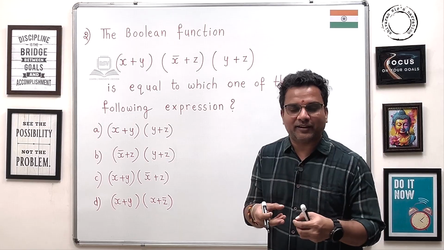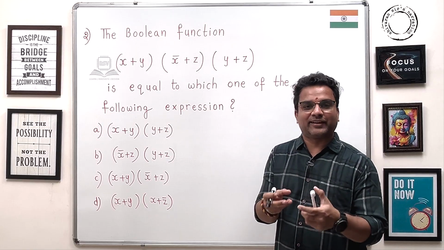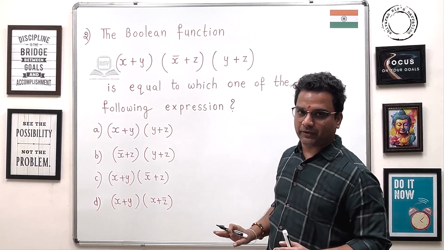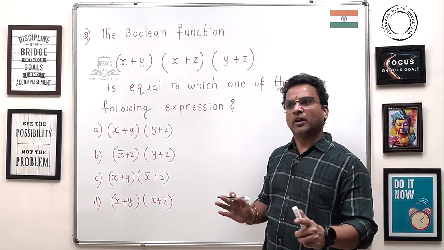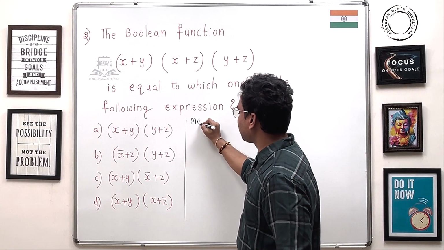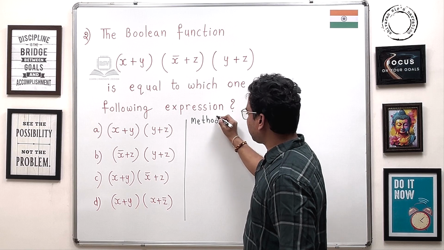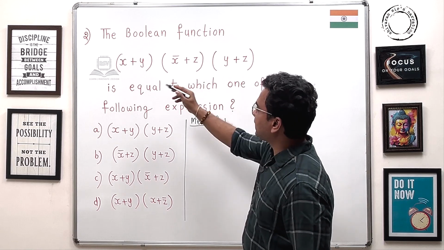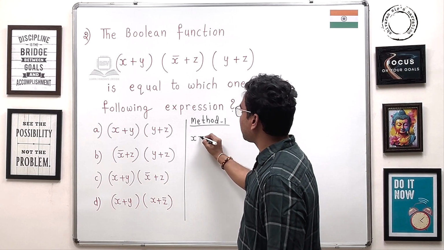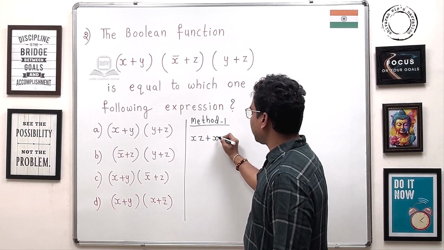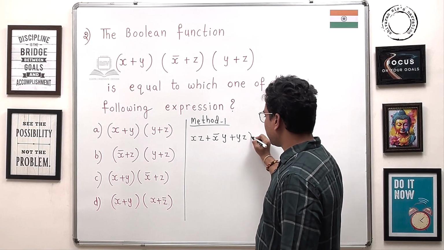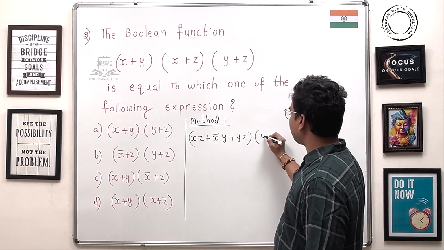Immediately what we get is, we'll take the multiplication and we will simplify. Let's take that approach, method 1, where I multiply directly: x into x bar is 0, x into z is xz, x bar y, yz, again into (y plus z).